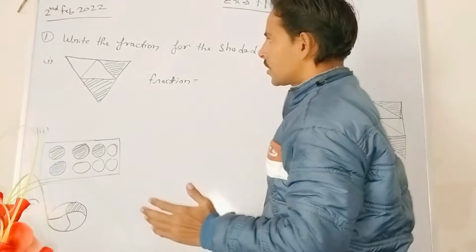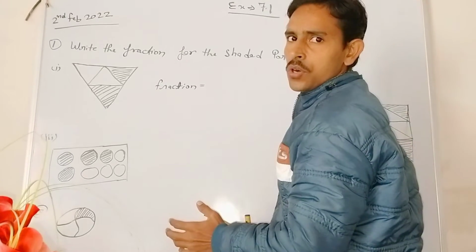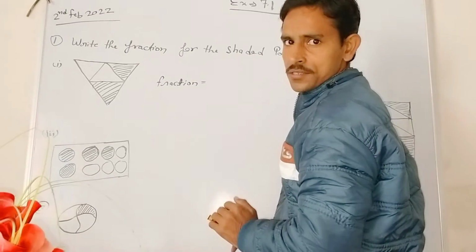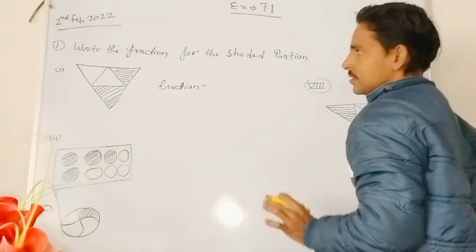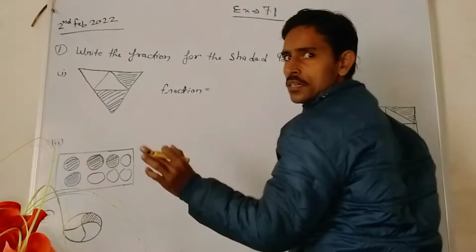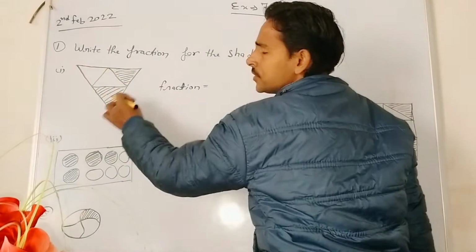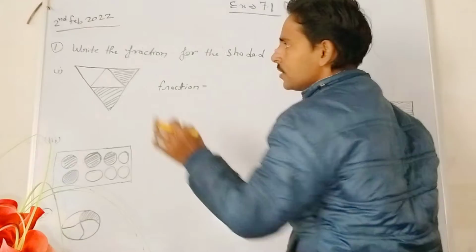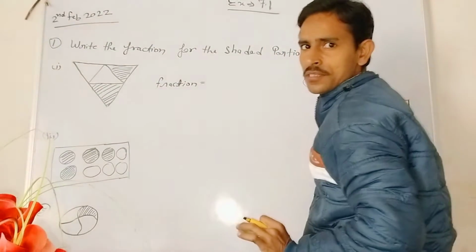Only there is a need of some carefulness. So pay attention here. This figure is given to us, and with the help of this figure we have to find out the fraction for the shaded portion.